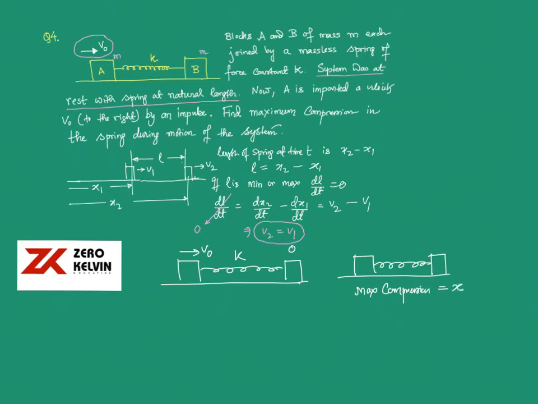Suppose the maximum compression in the spring is equal to x, then the speeds are v each, the speed of each of A and B. So we can conserve momentum.